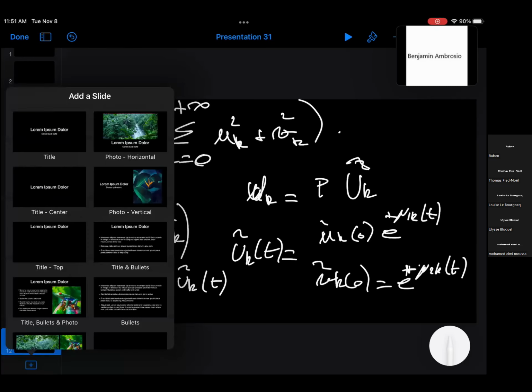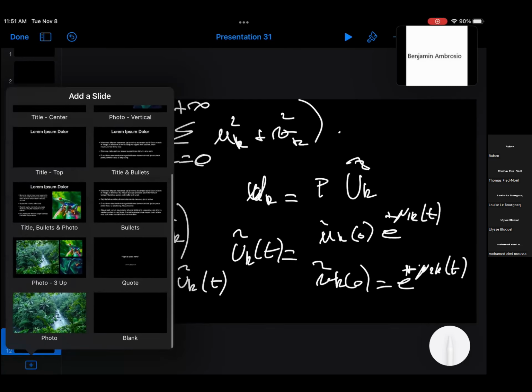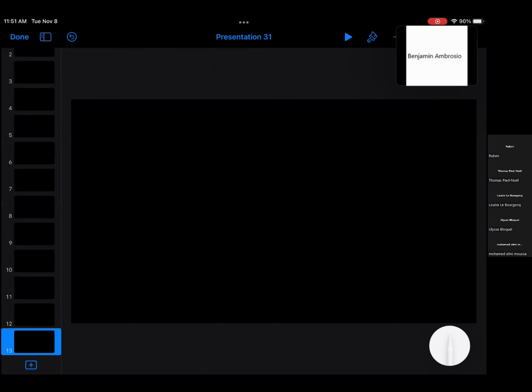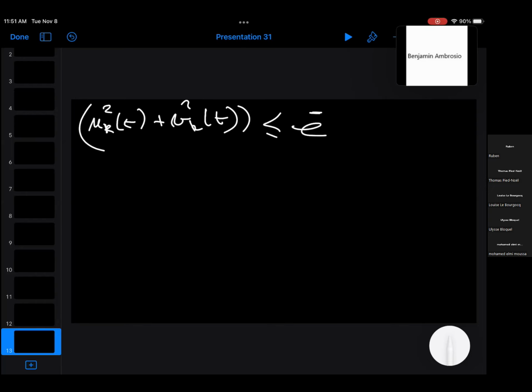And so the point is to prove that I can ensure that also u_k(t) square plus v_k(t) square will be less than exponential of minus some, let's say, delta t.